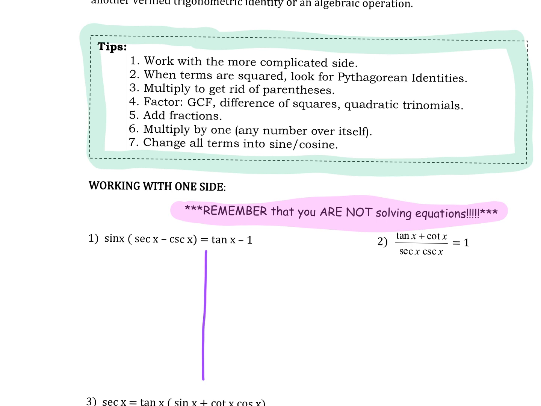So let's look at the tips, and that is actually the first tip there: work with the more complicated side, right? And then when terms are squared, think Pythagorean identities. More than likely we're going to be dealing with the Pythagorean identities. If we're given parentheses, if we're given something that could be distributed, we're going to want to distribute.